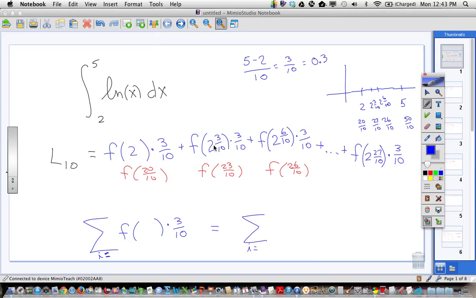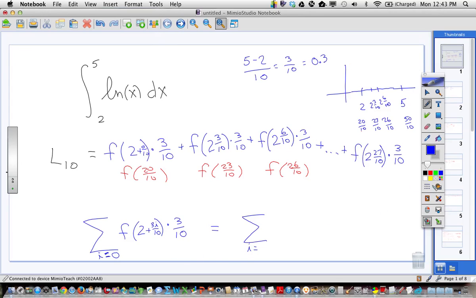Start them at 0. So if I start them at 0, then that tells me that this is basically 2 plus 0/10. And so what I have is 0/10, 3/10, 6/10. How can I generate a 0, a 3, a 6, a 9? 3i. So this is going to be 2 plus 3i over 10.